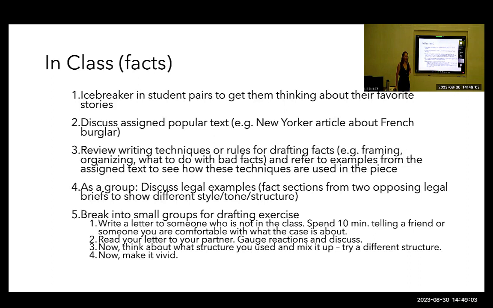I was inspired by the who, what, where, why, when of how targeted an introduction needs to be. It really is sometimes the only thing that someone will read in a brief, just to get a sense of what they are asking for, what this case is about.